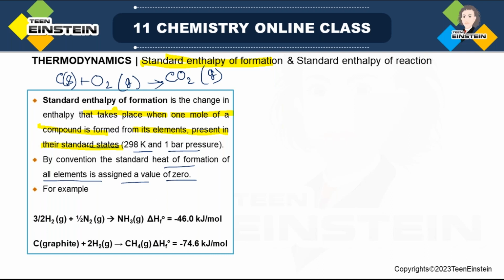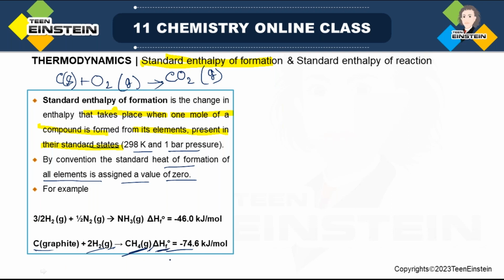So here we have an example. We have taken methane. Methane under normal condition is gaseous, so here it is written in the bracket, gaseous. Now the constituent elements are carbon and hydrogen. In methane there is 1 carbon and 4 hydrogen. So for 4 hydrogen you have to take 2 H2, gaseous, and carbon we are considering in graphite form, which is solid. That is the standard enthalpy of formation.